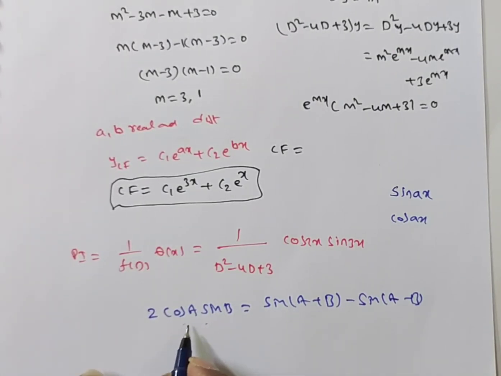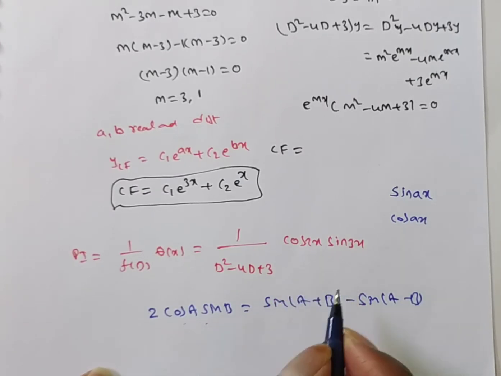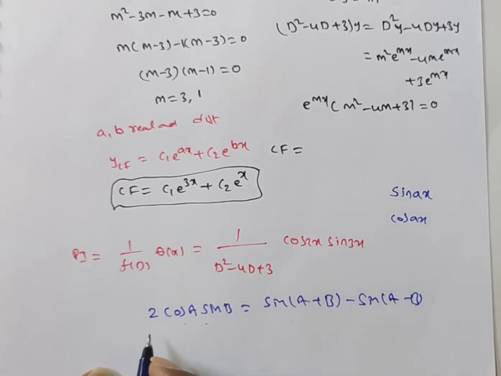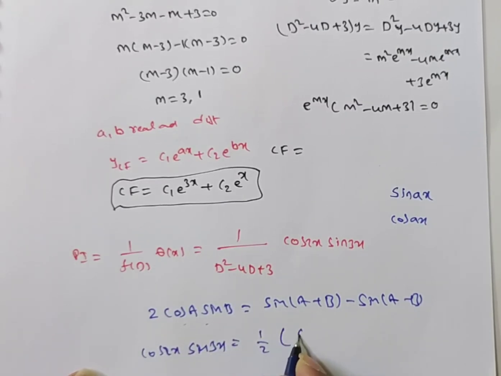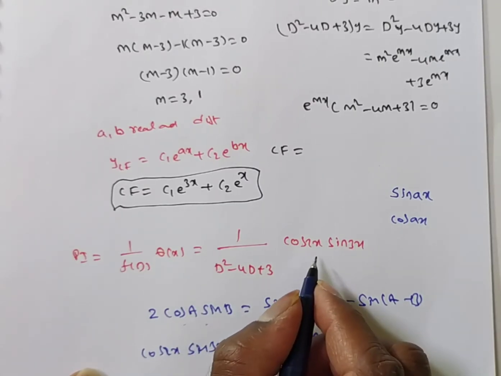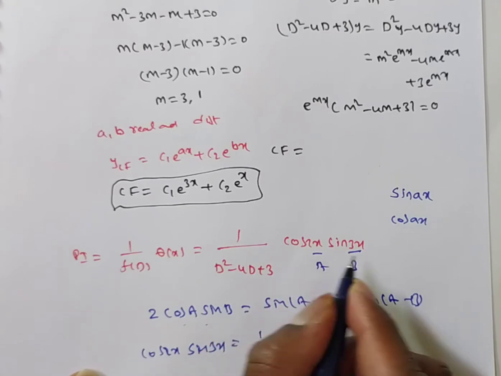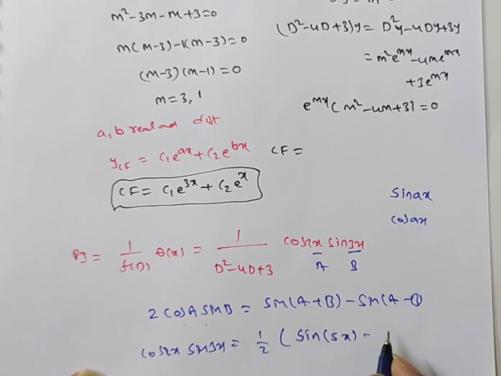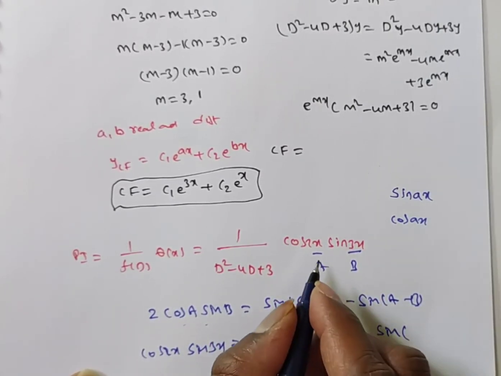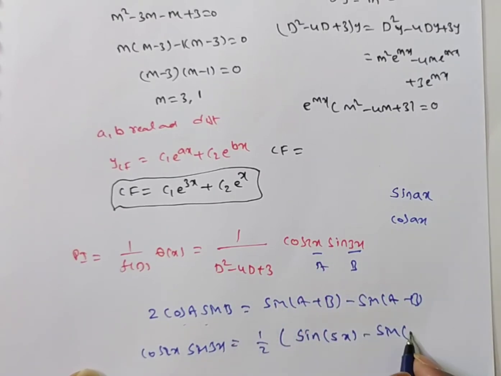Now, what is a here? You have a equal to 2x, b equal to 3x. So cos 2x into sin 3x can be written as 1 by 2 times of sin of (a plus b), with a equal to 2x and b equal to 3x. 2x plus 3x is 5x, minus sin of (a minus b), and 2x minus 3x is minus x.